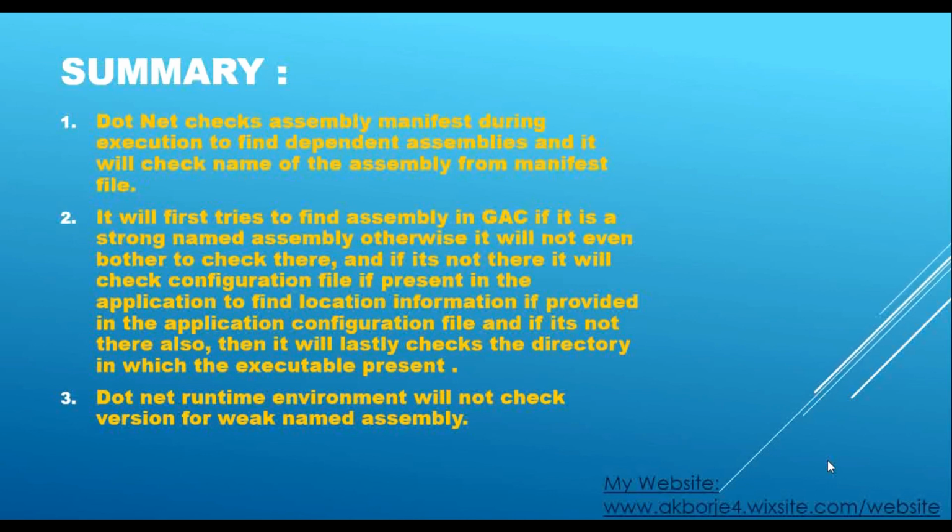If it's not there, it will check the configuration file, if present in the application, to find location information if provided. If that information is not provided, it will lastly check the directory in which the executable is present. That also I have just shown you.